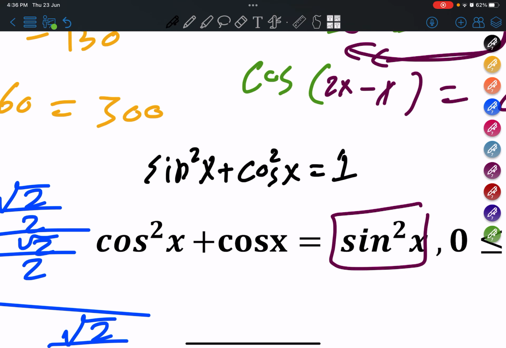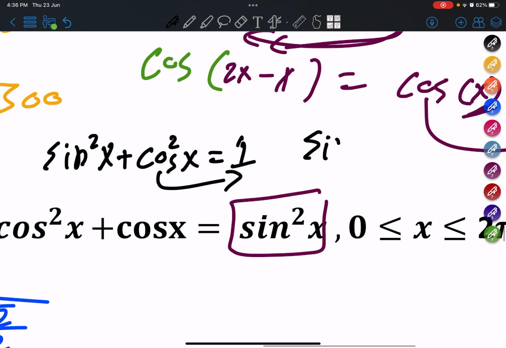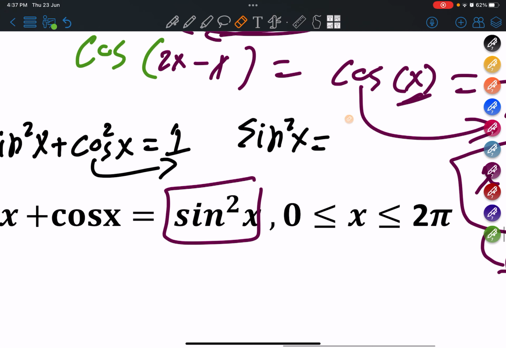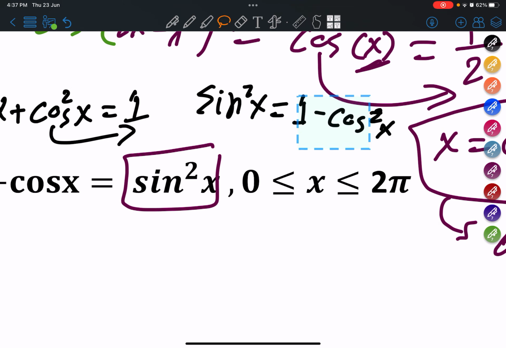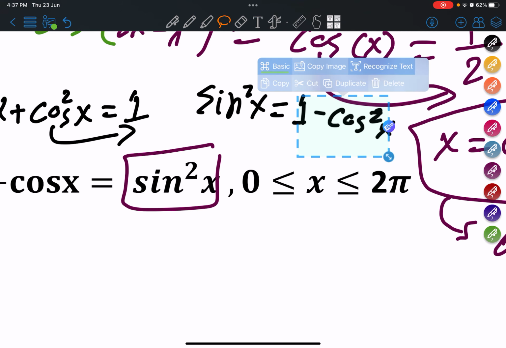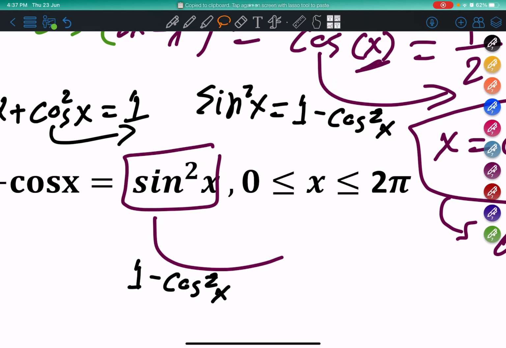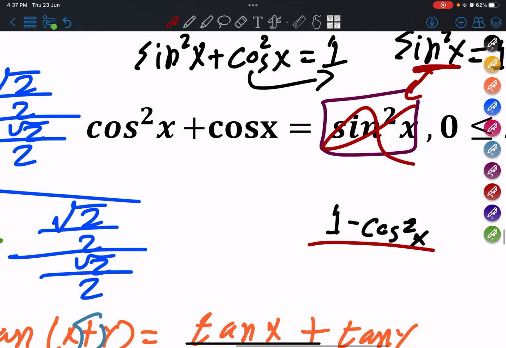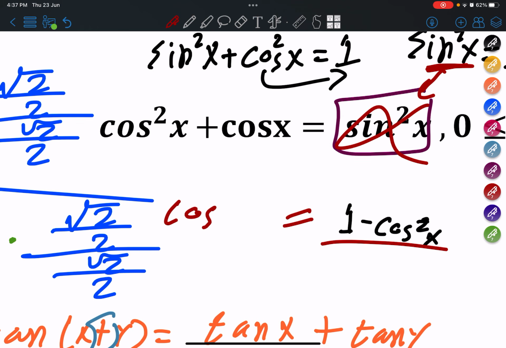So if we put cosine to the other side, sine squared x is going to equal 1 minus cosine squared x. We'll take this value and copy it, and remove this one, because this is equal to this. So we put this instead, and this will equal cosine squared x plus cosine x.